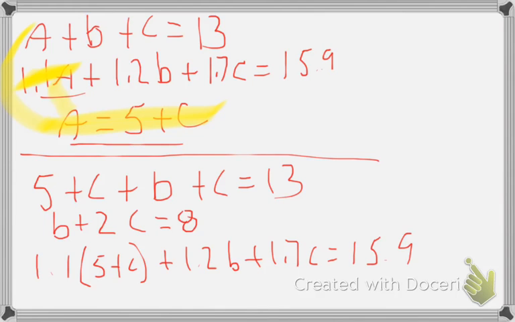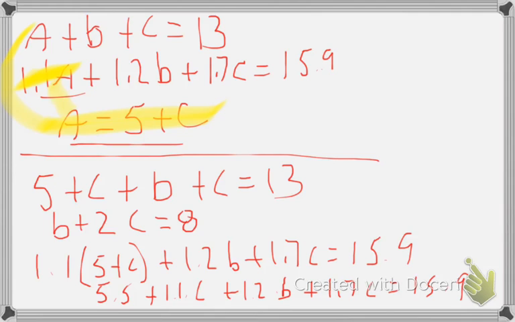So now if we distribute here, this becomes 5.5 plus 1.1 C plus 1.2 B plus 1.7 C is going to equal 15.9. All right, so let's go ahead and combine terms here.